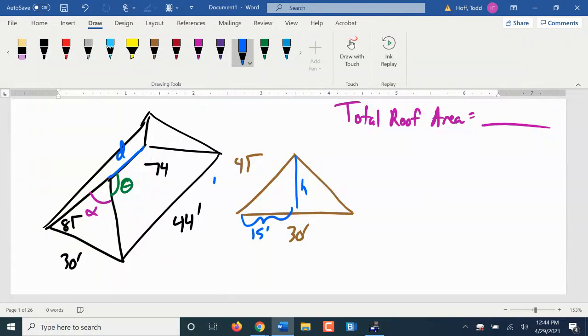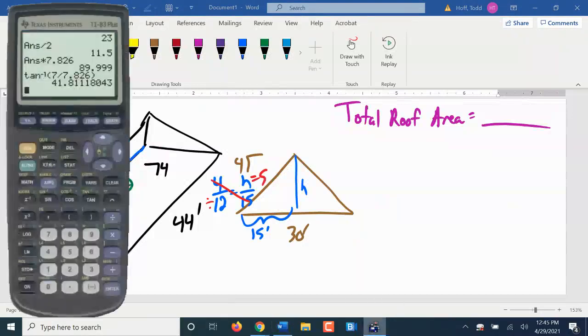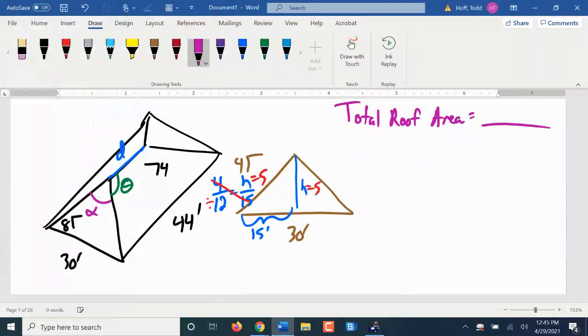So to find that height, it's 4 over 12 equals h over 15. We'll cross multiply and divide. What does that come out to be? 5 feet of height, I believe. 4 times 15 divided by 12 is 5 feet. So h is 5. Well, we want our common rafter length while we're at it.